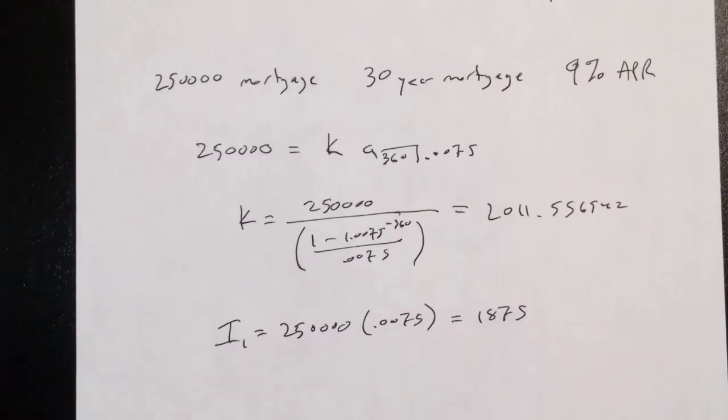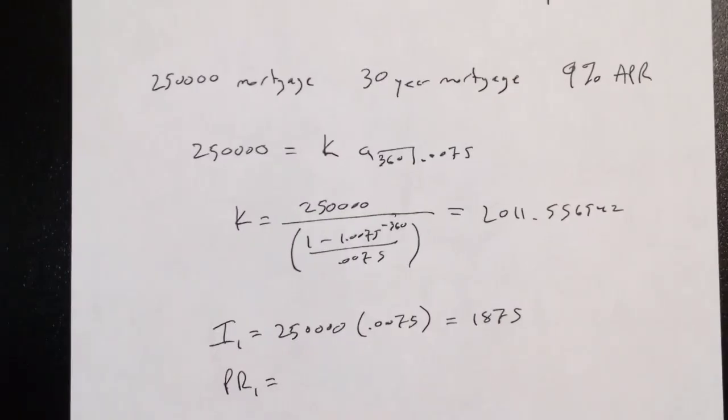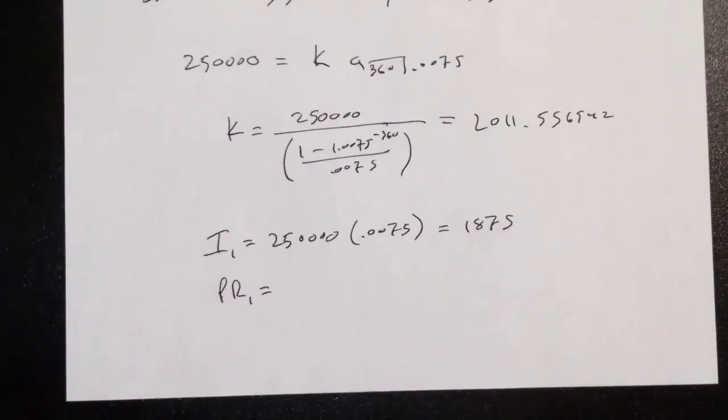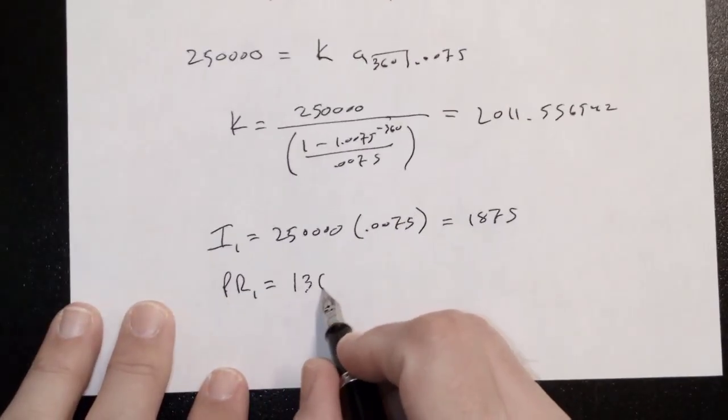Which means if I make this payment and this is the interest, how much did I actually pay towards principal? 136.55642.